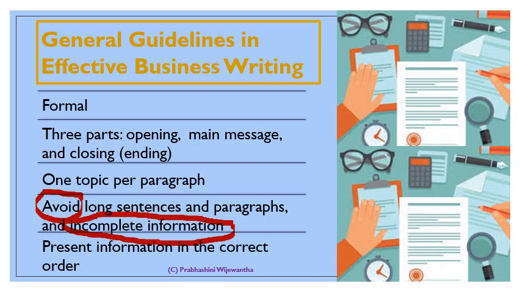So this presenting order of information has to be decided based on the preference of the writer and the nature of the message. And these guidelines are commonly applicable to any form of business writing, irrespective of whether it is a business letter, email, or memo.